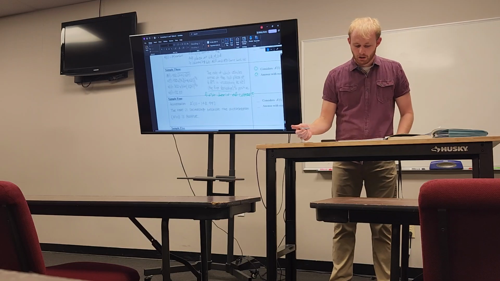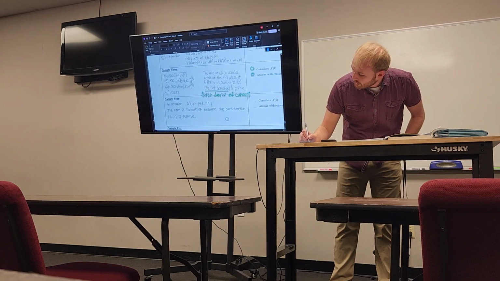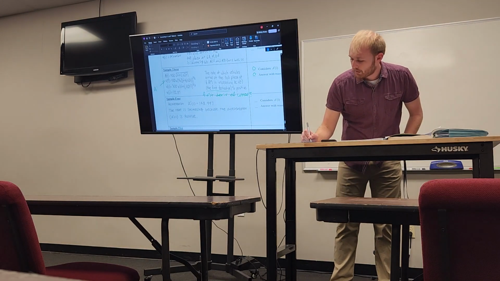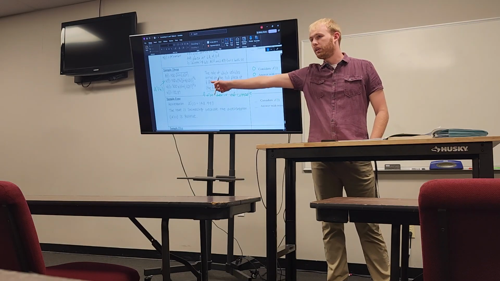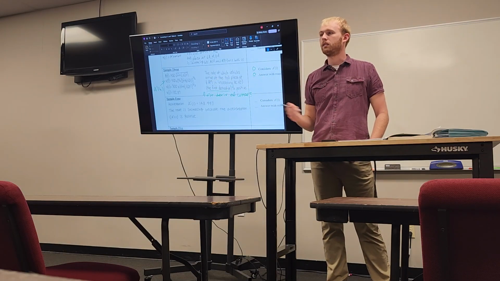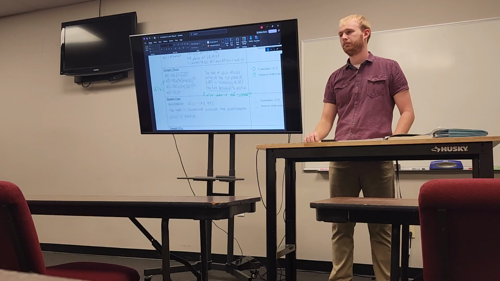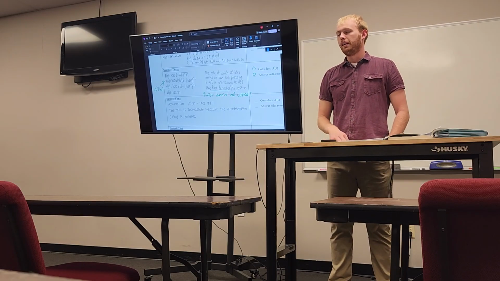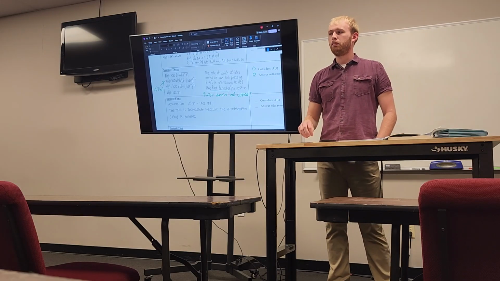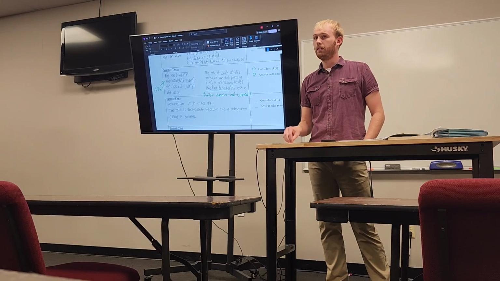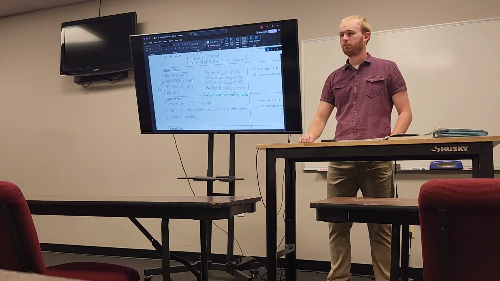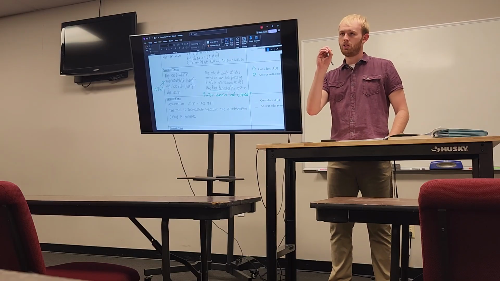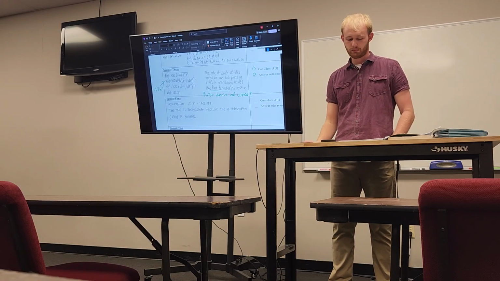If he called this A prime of t, then even though this is what he wrote here, he would get full points. You can write v of t, but then you have to be very clear: v of t is the first derivative of A of t. And then great. So if he just made a couple small changes, then you would actually get all the points out of it. Okay?